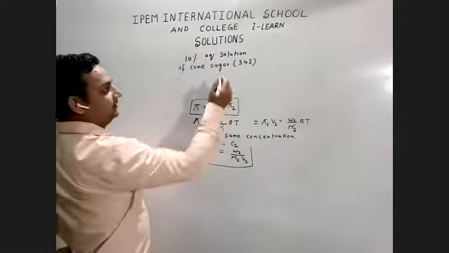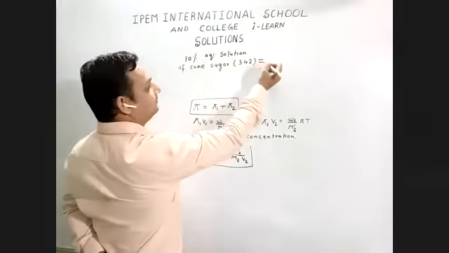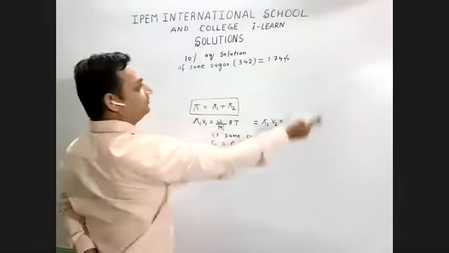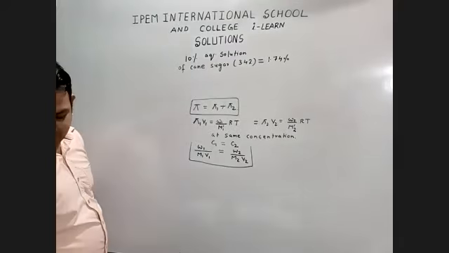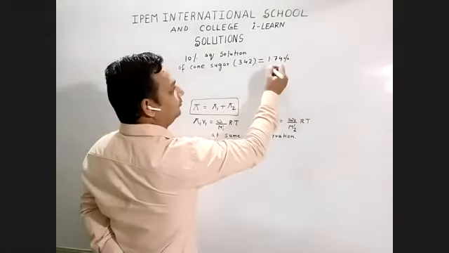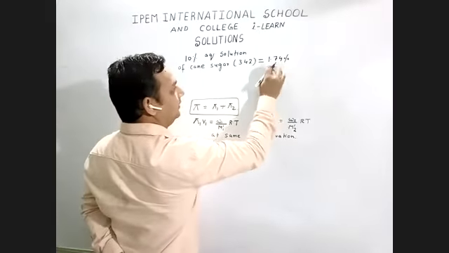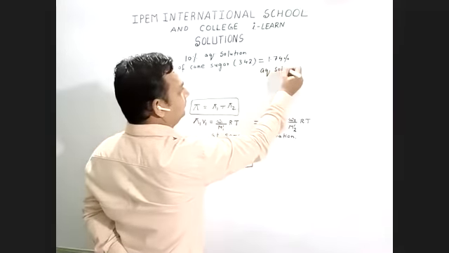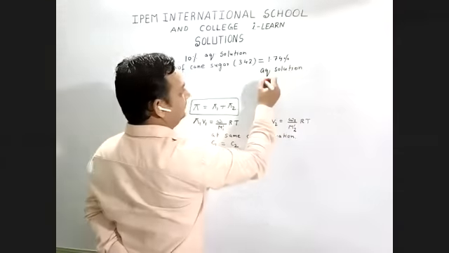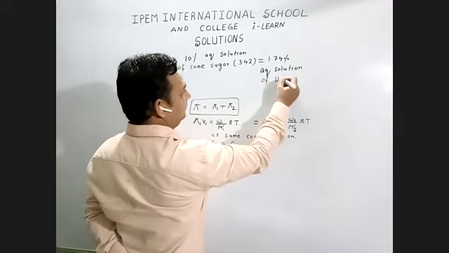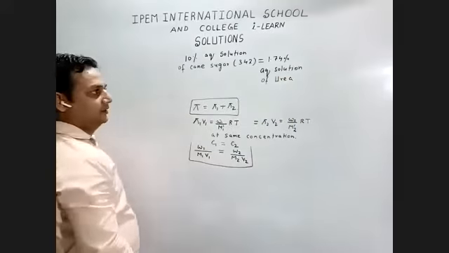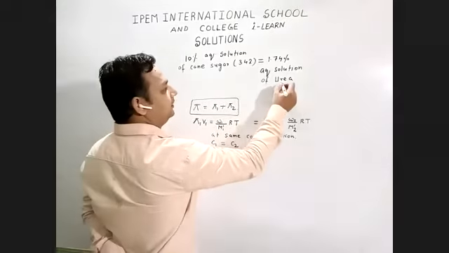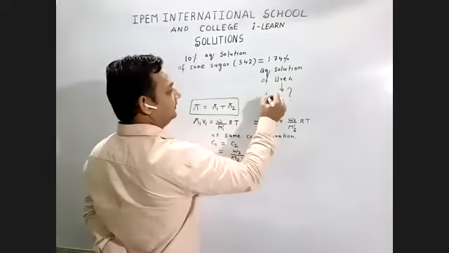This solution is isotonic with a 1.74% aqueous solution of urea. Find the molecular mass of urea.